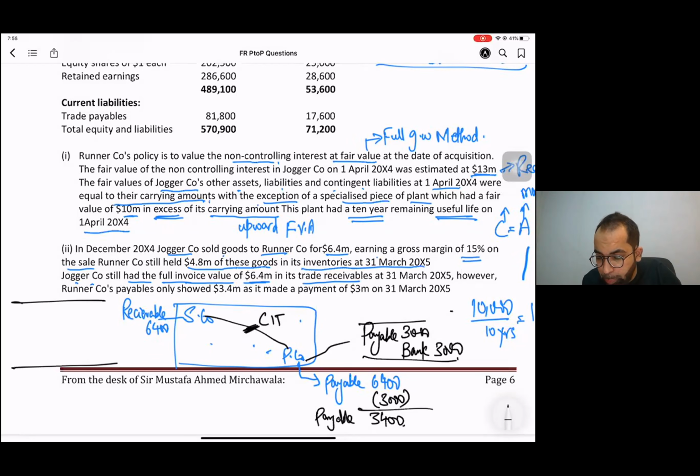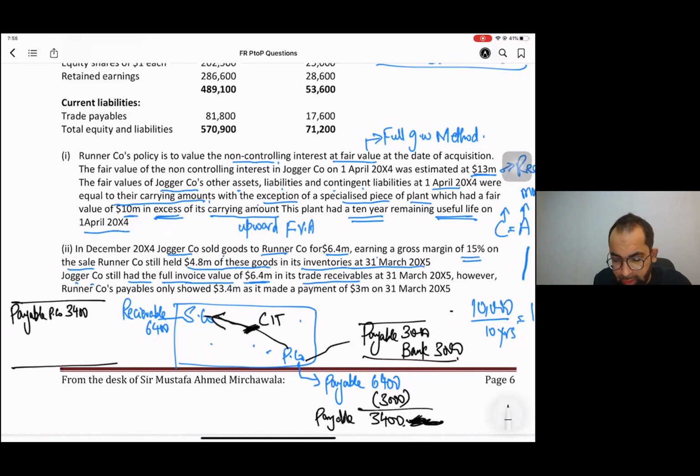Now, how much payable of P company is left? 3,400. So we'll remove this payable of P company, 3,400, and when we reduce the payable, liability goes down, so payable debit. Now this cash is in transit, just take it to the destination. Whatever is in transit, take it to the destination.